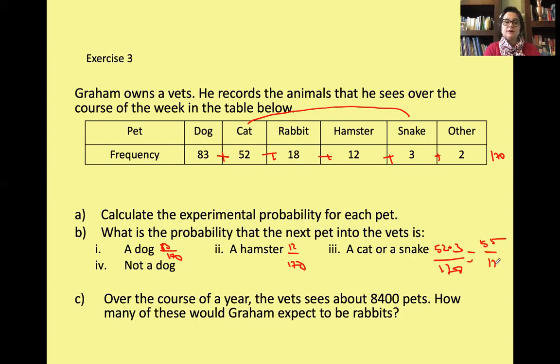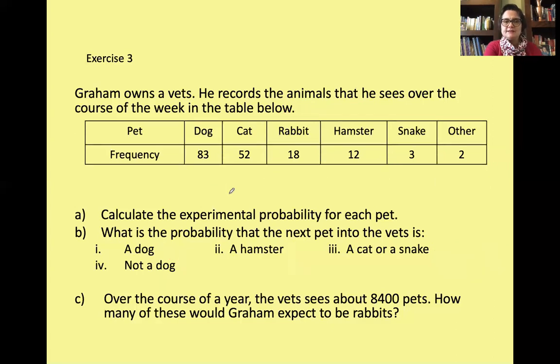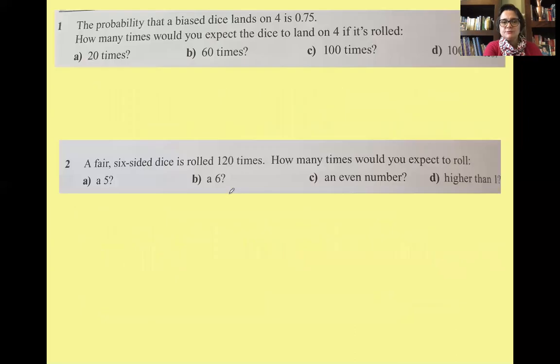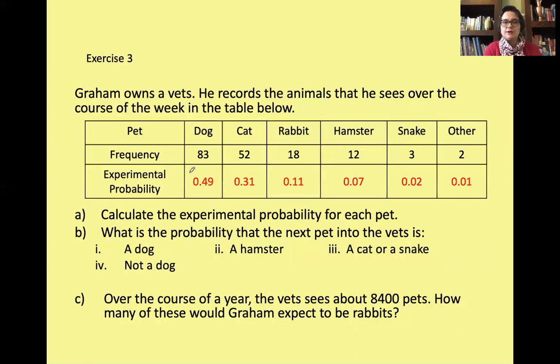I'm going to let you find these results expressed as decimal numbers. Now, not a dog. The probability of having a dog is 83 over 170, and if you express this as a decimal number, it's going to be 0.49.